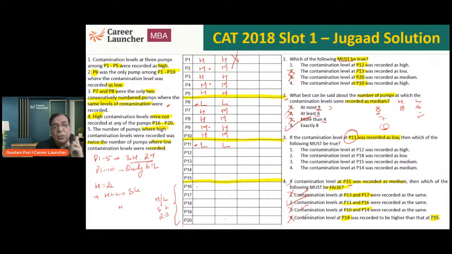If we get at least 2 lows out of these, that means 4 lows will be done. That means low has to be in these 2. Similarly for the second one. So how many lows? 1, 2, 3, 4 lows done. And how many medium required? 8. How many medium are here? 1.